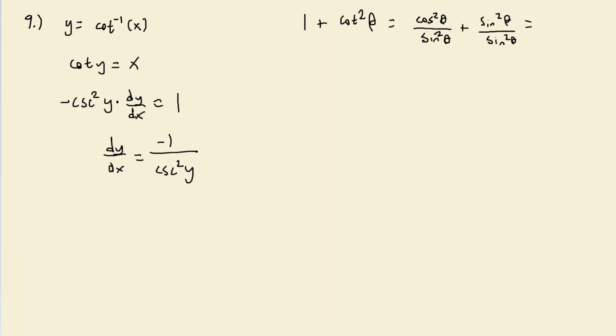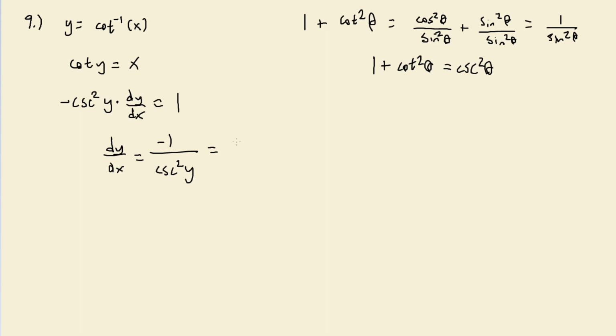And then this would reduce down to 1 over sine squared of theta. And this is just equal to cosecant squared of theta. And so 1 plus cotangent squared of theta is equal to cosecant squared of theta. We can just plug this identity in here, and we have that cosecant squared of theta is going to equal 1 plus cotangent squared of theta.